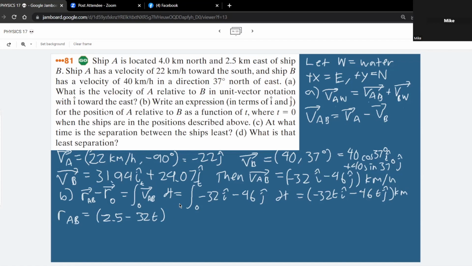So R sub 0 plus, so 2.5 I hat plus 4.0 J hat minus, and then simplify.